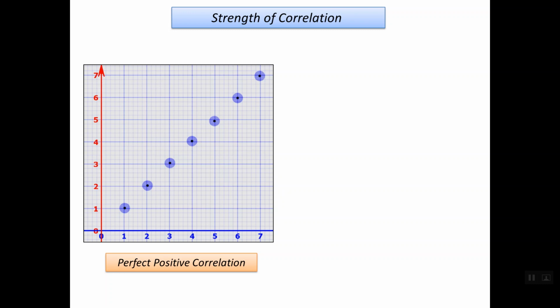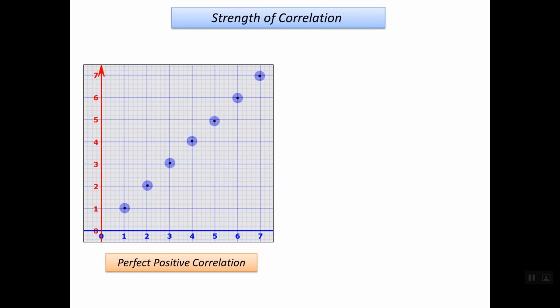But we can see that we can combine all of these points in one straight line. We can draw one line that joins all of these points. So in this case we have what's called a perfect positive correlation, sometimes called a complete positive correlation.